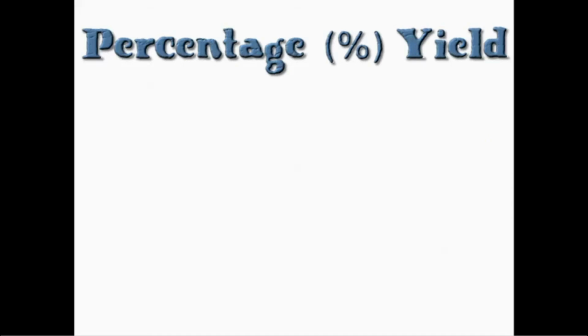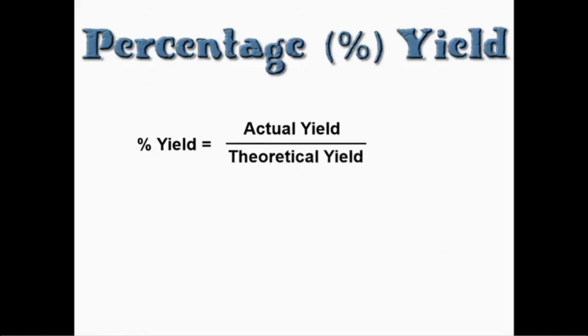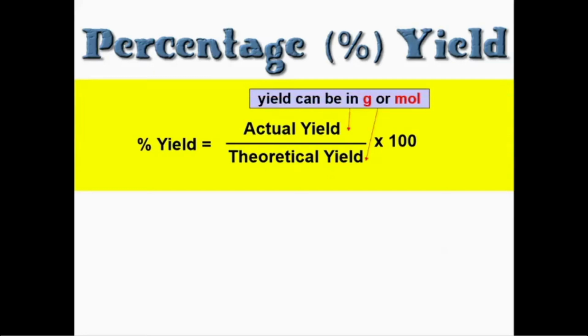Percentage yield is defined as the actual yield divided by the theoretical yield, times 100%. And remember, the actual yield and the theoretical yield could be either in grams or moles.